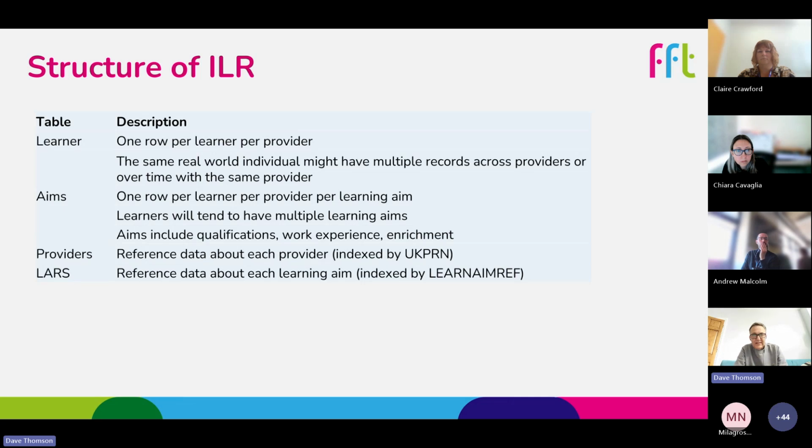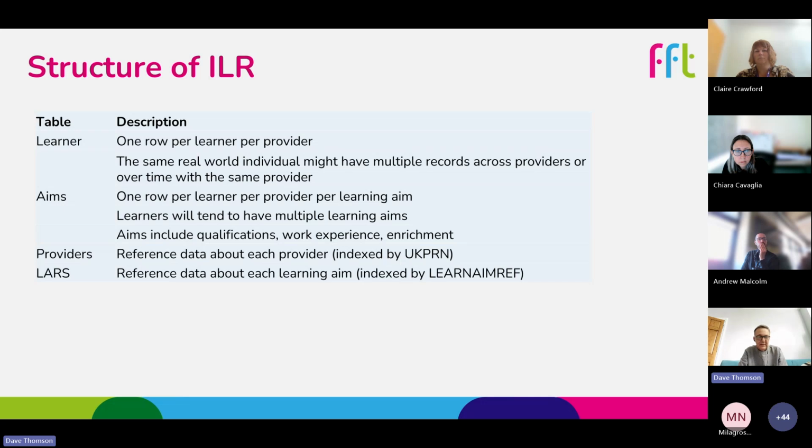Within ILR itself, there's no real concept of a real-world individual, but by matching it to other data sets, especially MPD, and adding on the PMR, you begin to see people who have multiple records across providers or over time with the same provider. The most interesting data within ILR is the aims data.